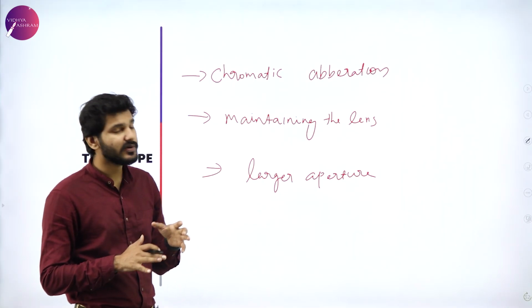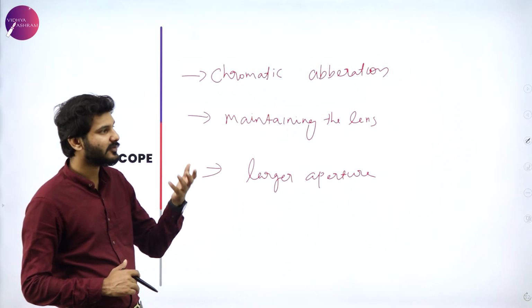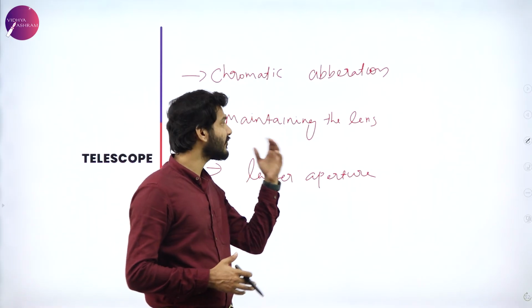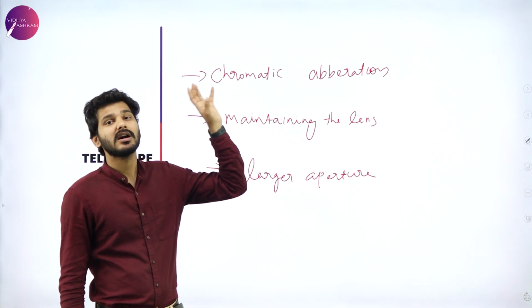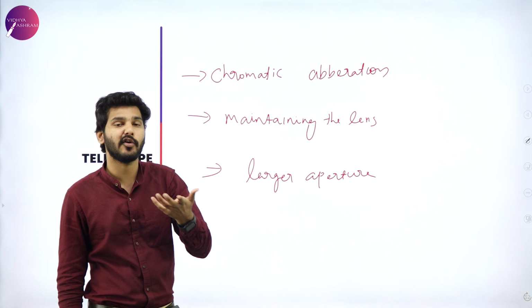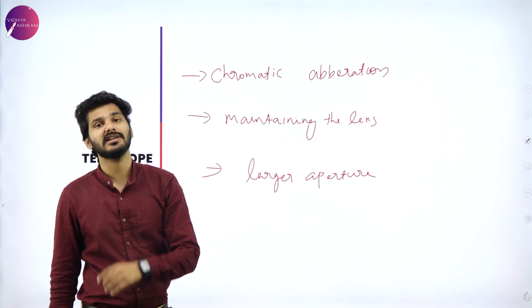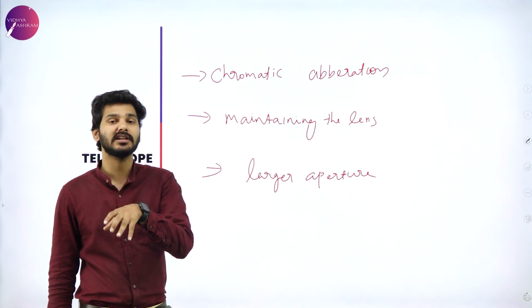Chroma means color, and aberration means a fault in that. So you cannot see the object for what it actually is. That chromatic aberration is present in a refracting telescope.